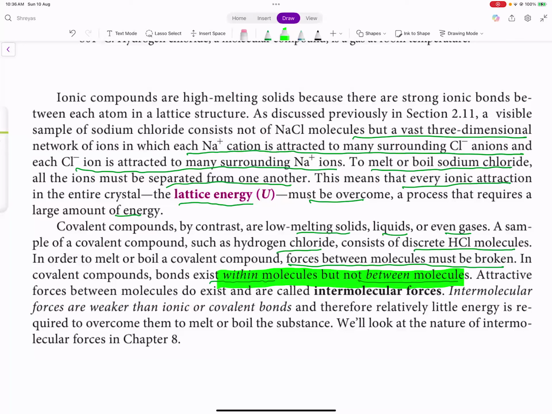Attractive forces between molecules do exist and they are called intermolecular forces. Inter-schools between two schools, intermolecular between two molecules. Intermolecular forces are much weaker than ionic or covalent bonds, and therefore relatively little energy is required to overcome them to melt or boil the substance.